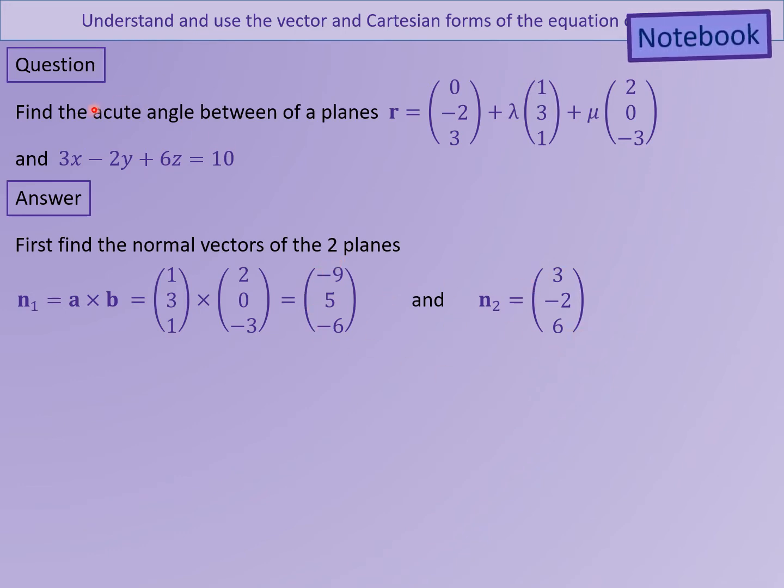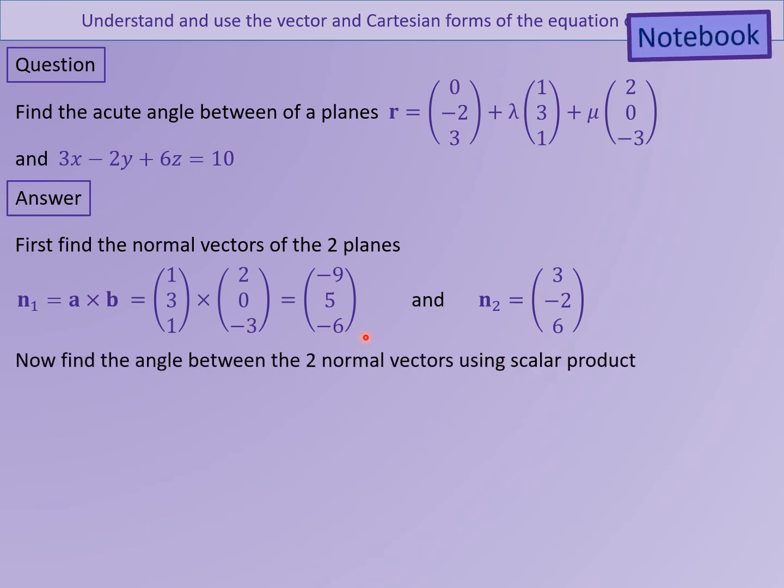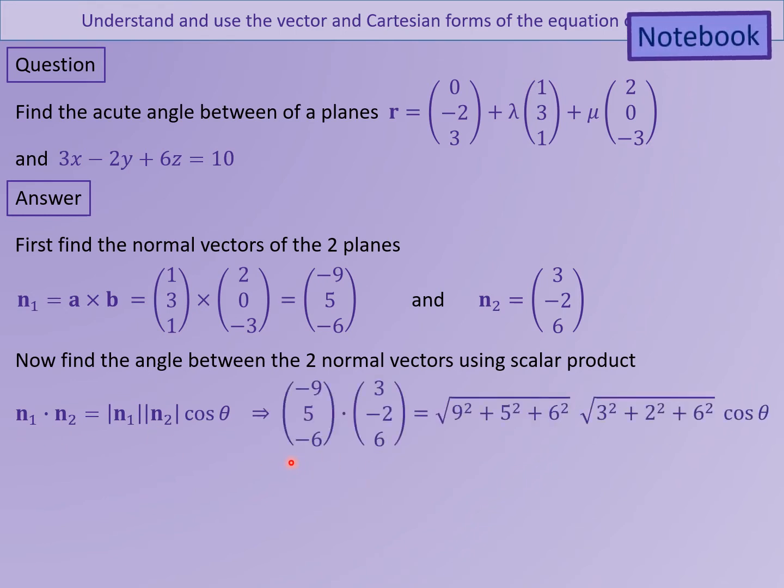Now, because I want the acute angle between the two planes, or just the angle between the two planes, what I can do is find the angle between the normal vectors. If I find the angle between the normal vectors using the scalar product, then it should find me the angle between the two planes as well. So I use the two normal vectors, I fill it all in, do all the number crunching, so I can work out that part by just times the cross, as you know, and there's mag a, mag b, cos theta.